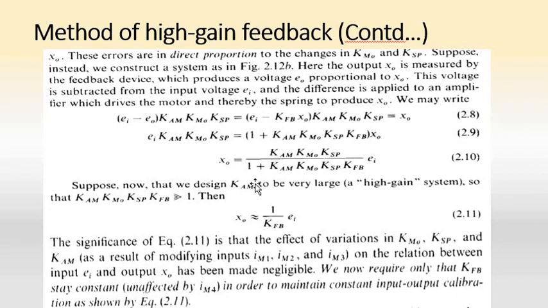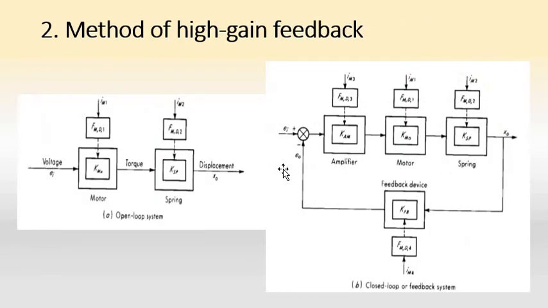So you will get this equation finally, and in this equation, what is KAM? KAM is the gain of the amplifier, and this gain is in our hands. We can increase this gain or we can decrease it. So here we are increasing the amplifier gain.